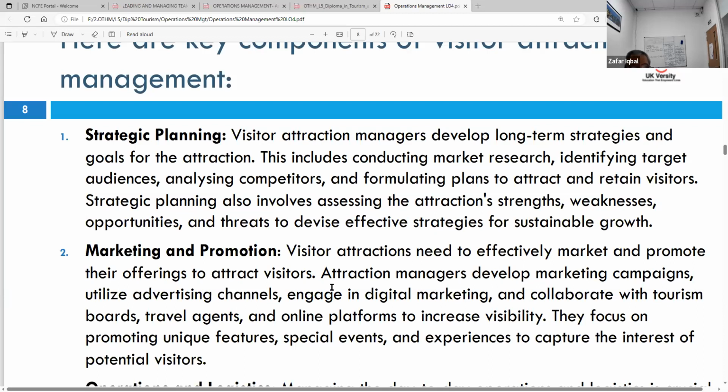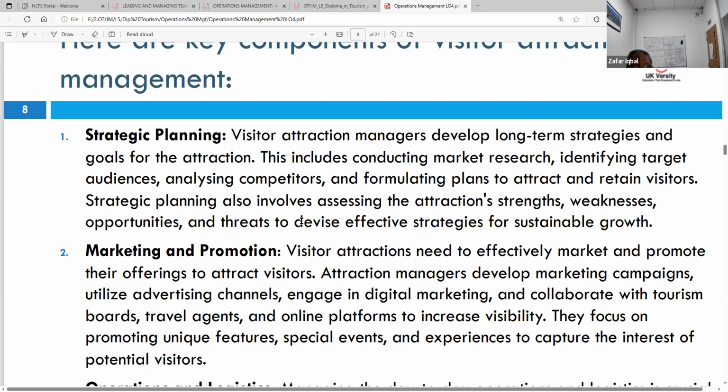So these attractions are developed for the long term, and therefore they need long-term planning: planning for people, planning for places, planning for money, of course, and how you can retain visitors, making sure that these people keep on coming.